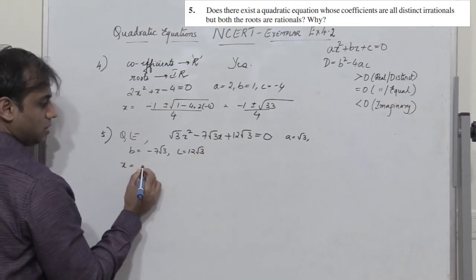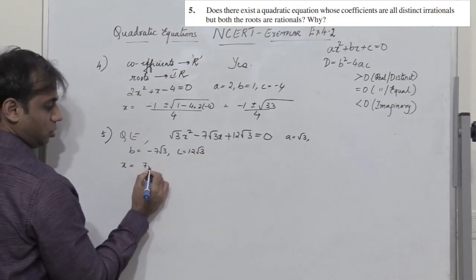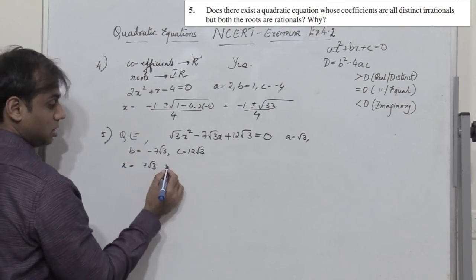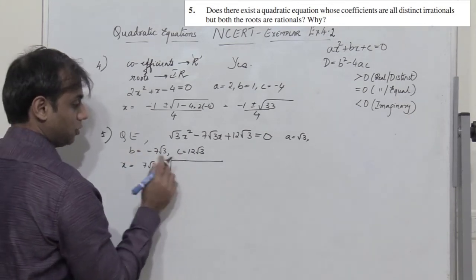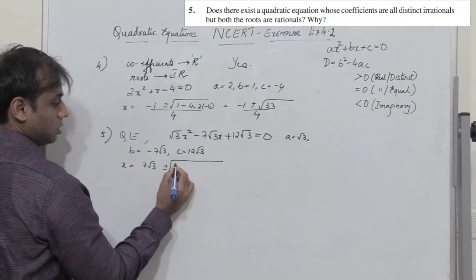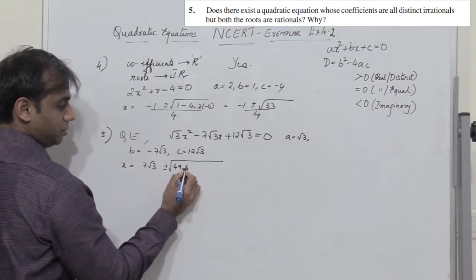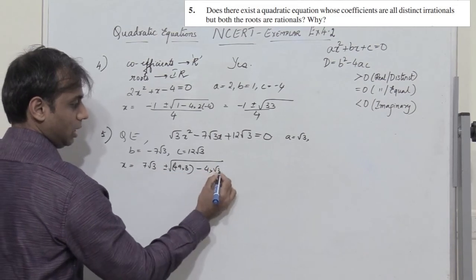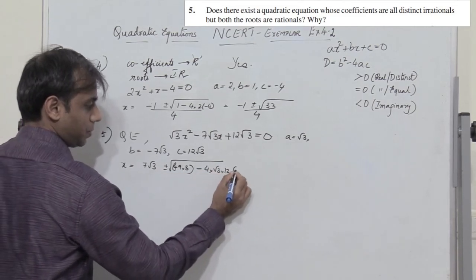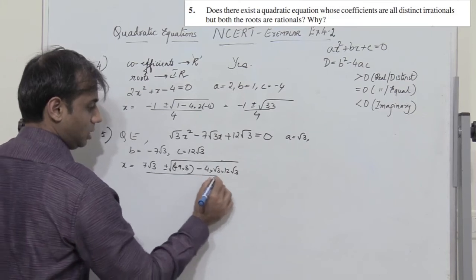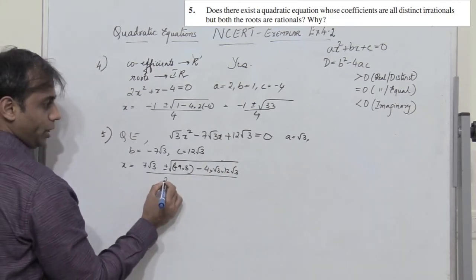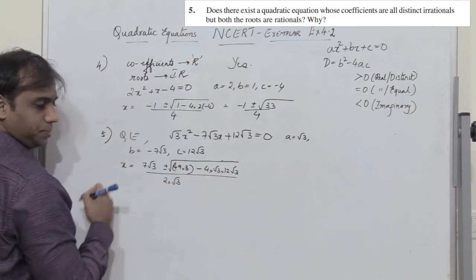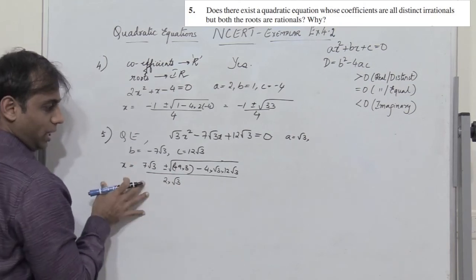So x equals minus b, which is 7 root 3, minus into minus is plus, plus or minus root of b square. So 49 into 3 minus 4 into a into c divided by 2 into root 3. So this is what we get.